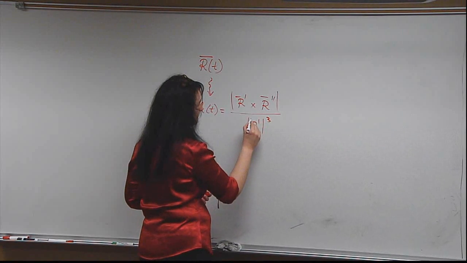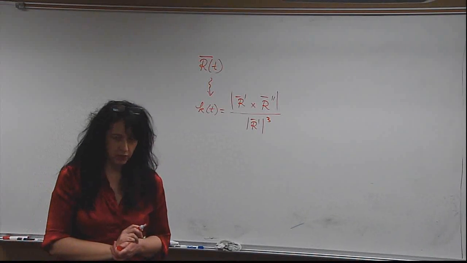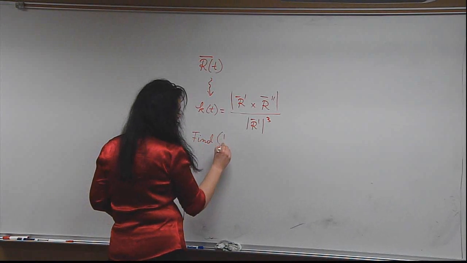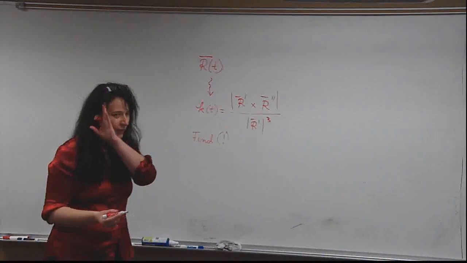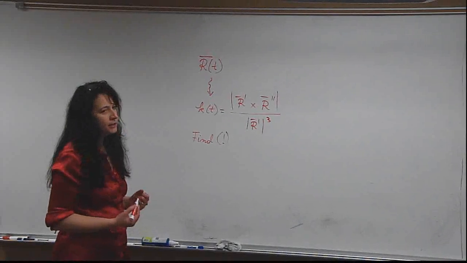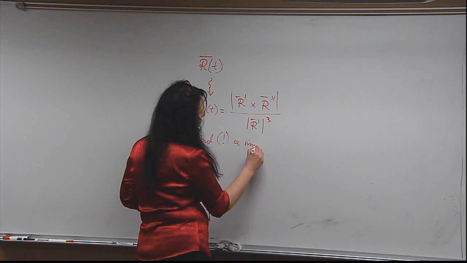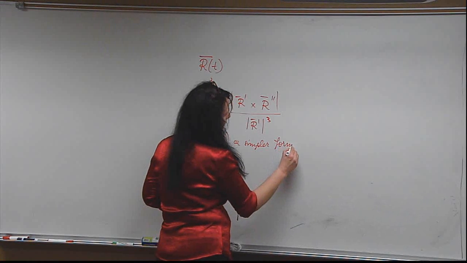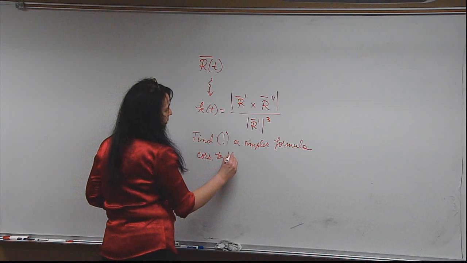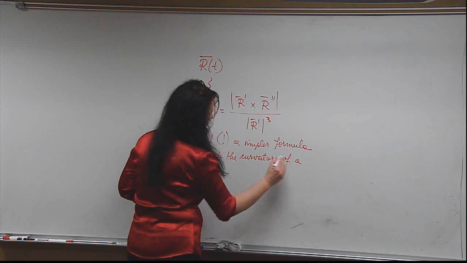Over speed cubed, right? Okay, now, can we take advantage of what we just learned and find together, not as professor and student but like a group of students, a simpler formula corresponding to the curvature of a plane curve?